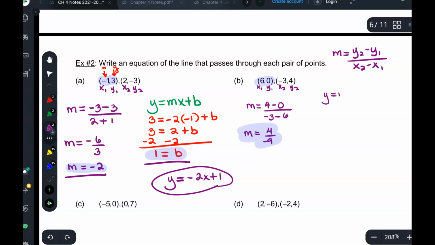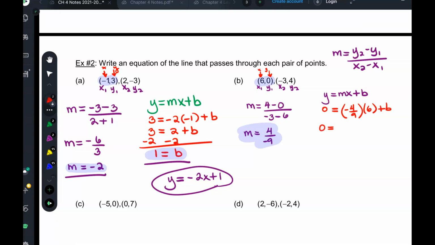So remember, we're always going back to this y equals mx plus b. Okay, so if I'm using 6 for x and 0 for y, it's going to be 0 equals negative 4/9 times x, which is 6, plus b.